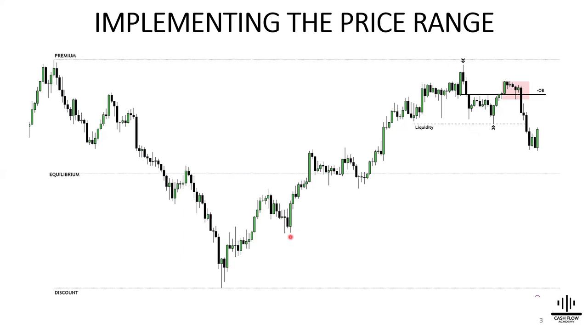And not just that, as market rallies, it begins to form liquidity. What do you think will be under this low? Stop orders. What do you think will be under this low as well? Stop orders. So it will be creating liquidity as it rallies into the premium. The moment market gets into premium, where it is now expensive, the market makers tend to sell to grab that liquidity.